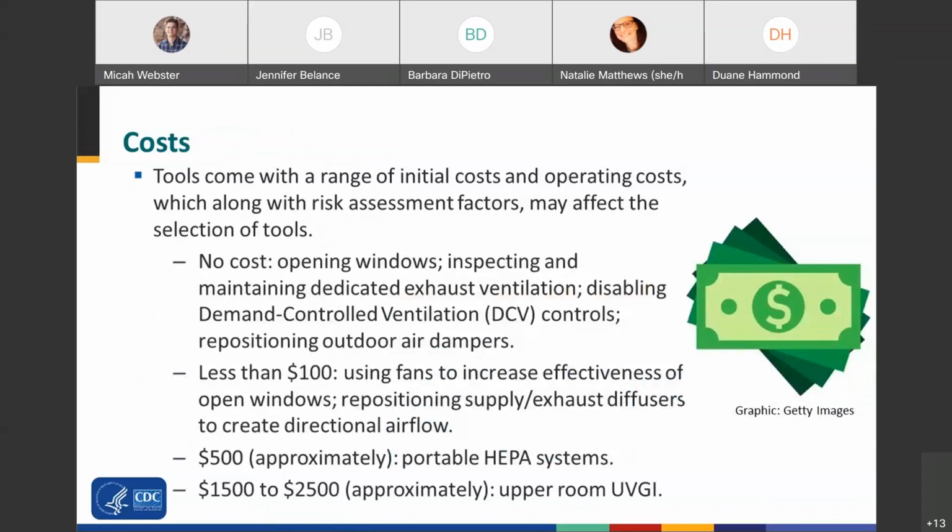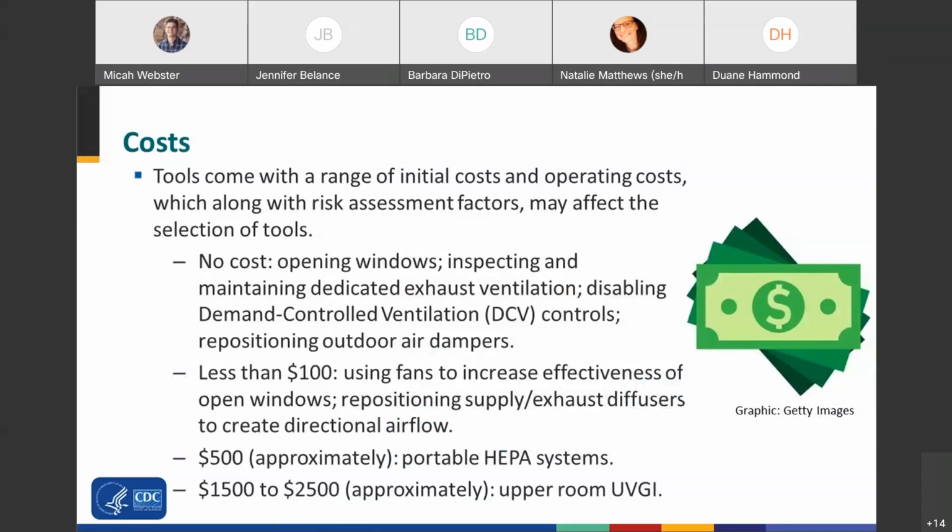Just a note about costs. Tools come with a range of initial costs. We mentioned a lot of different tools here, and operating costs as well, which along with risk assessment factors may affect the selection of which tool you implement. Some of the no-cost options are open windows, inspecting and maintaining dedicated exhaust ventilation, disabling demand control ventilation controls, and repositioning outdoor air dampers.